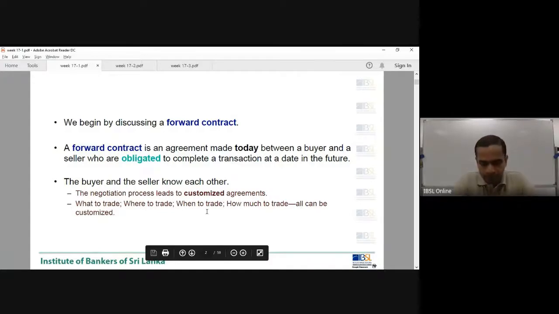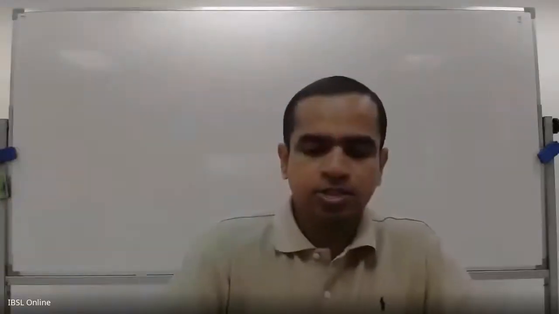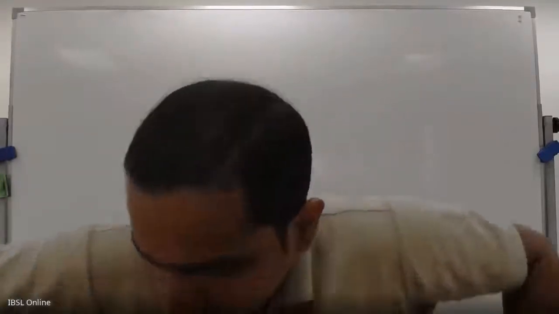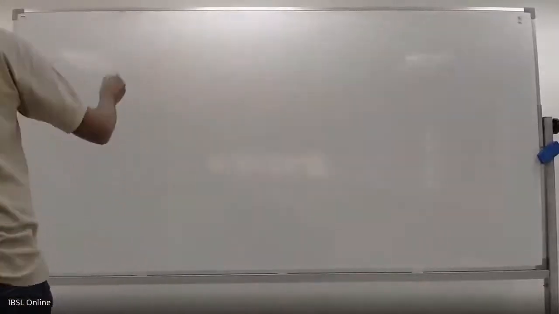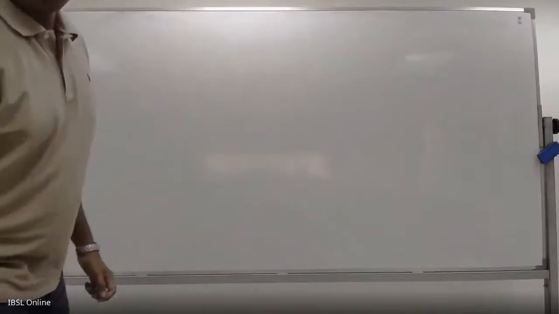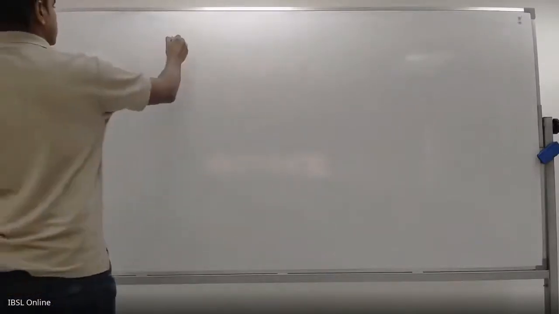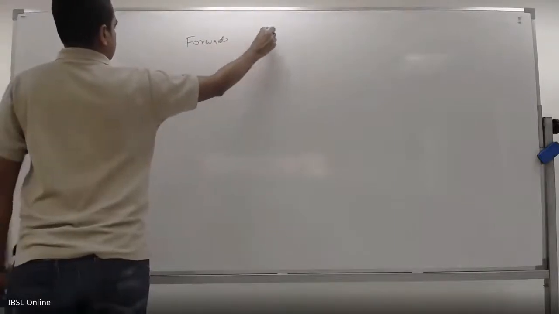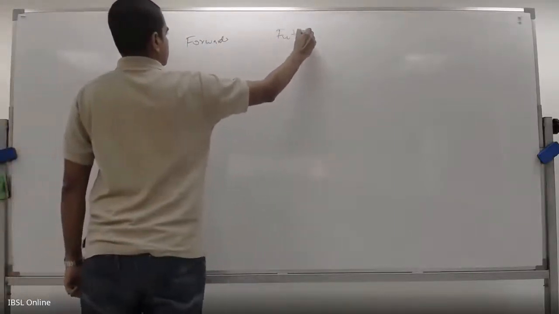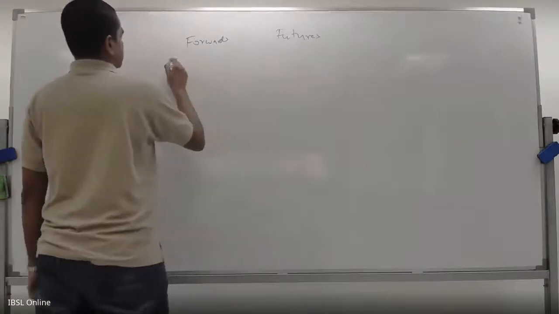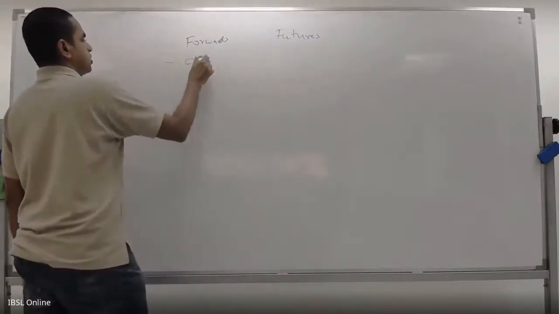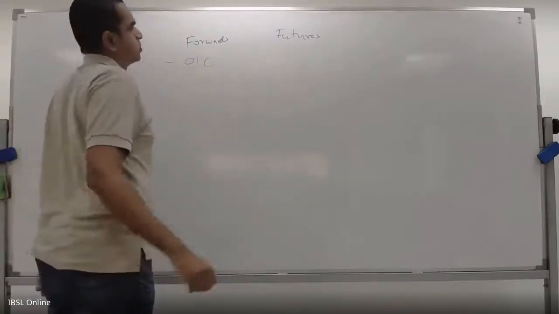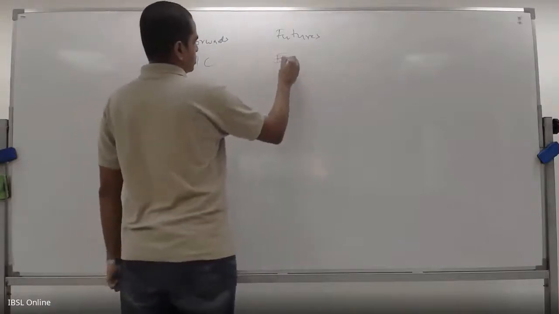Now the difference is futures trade on an exchange. These are over-the-counter OTC contracts, whereas futures trade on an exchange.